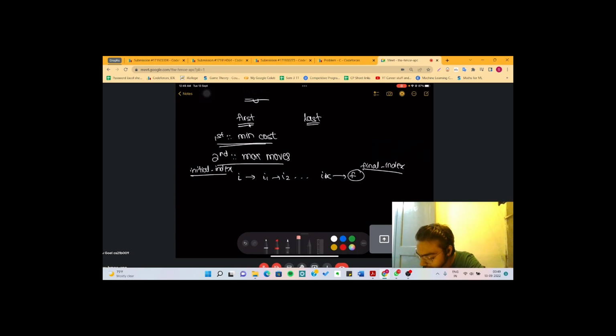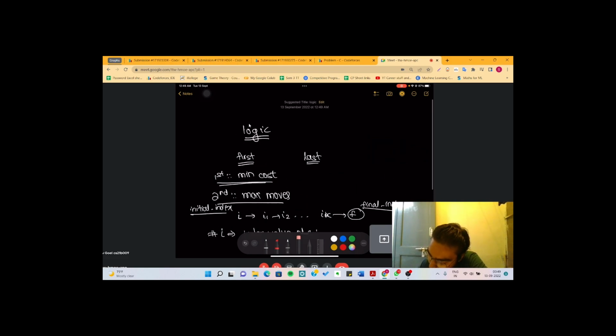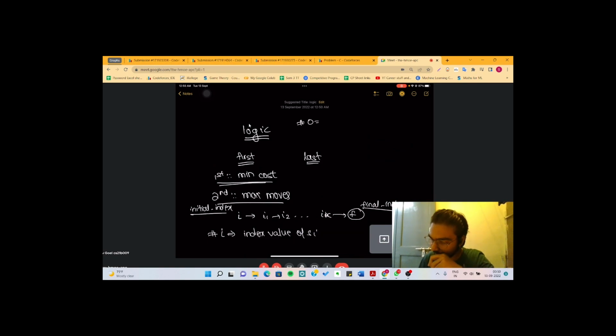It will be I minus I1 plus I2 minus I1, okay, not this. Basically, let me write hash. Let me define hash I as the index value of si. In this case, hash 0 is the position of L, which is, I guess, 12.